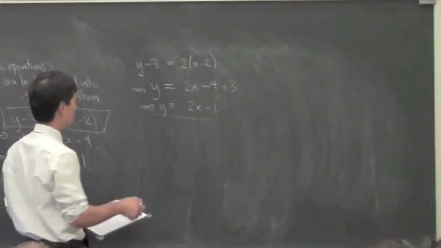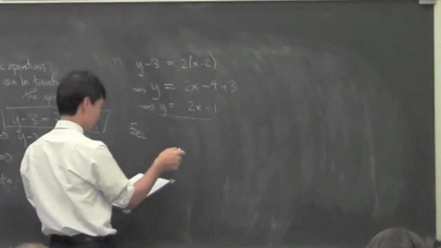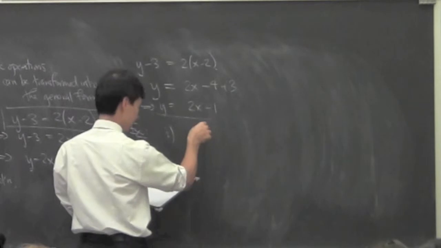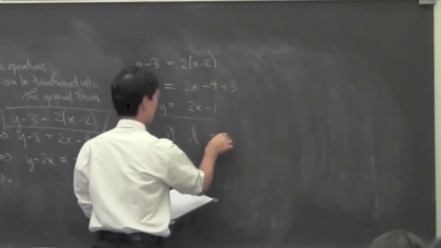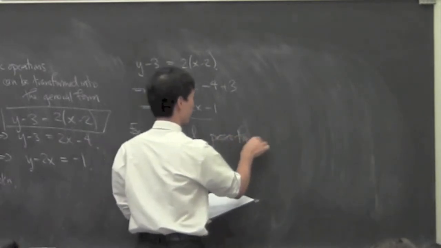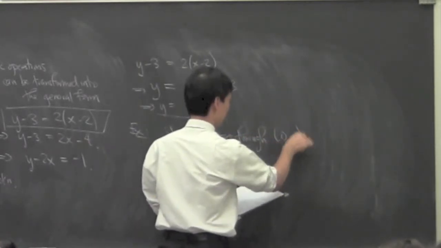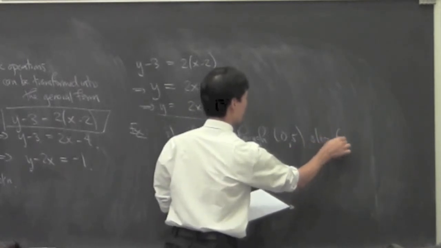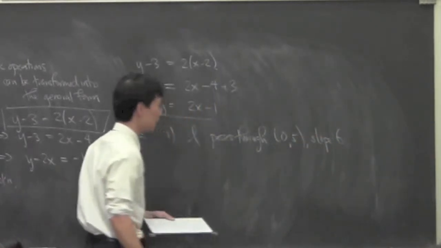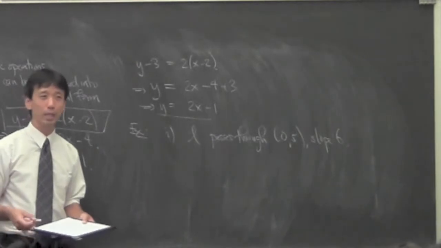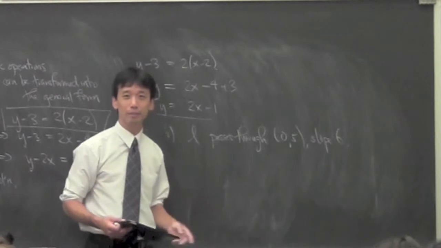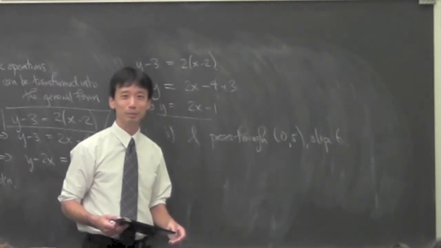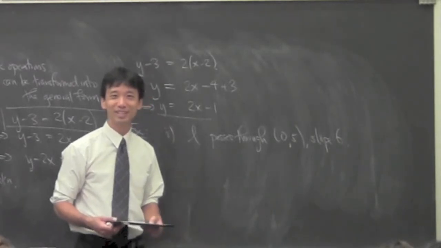Okay. So, for example, if I give you a line that passes through 0, 5 and has a slope of 6, then you can write down the equation for the line. Take 5 seconds and write it down. 1, 2, 3, 4, 5.